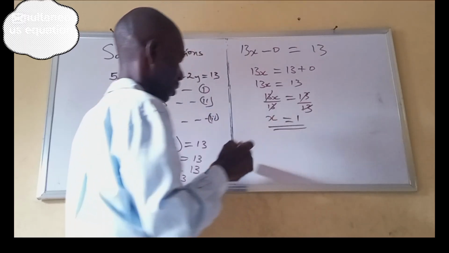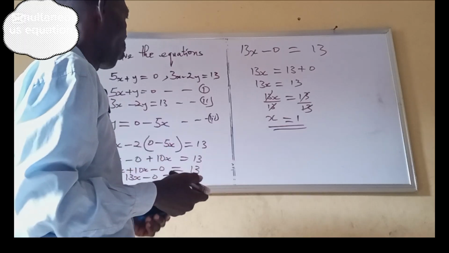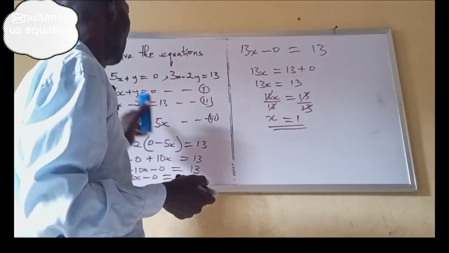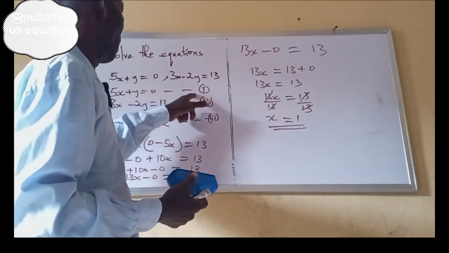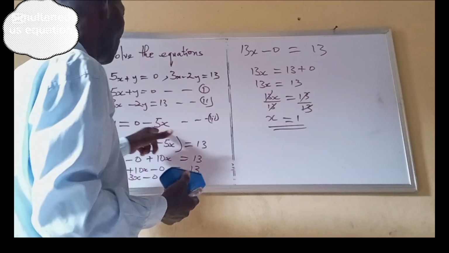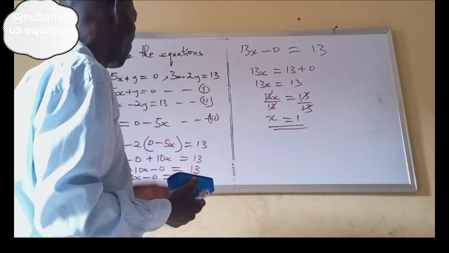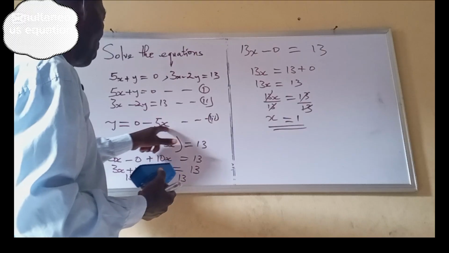This is our x. Now we are going to calculate our y using any of the equations. You can use equation 1, equation 2, or equation 3 to get our y. Mind you, this is not our y, this is not the result of our y.